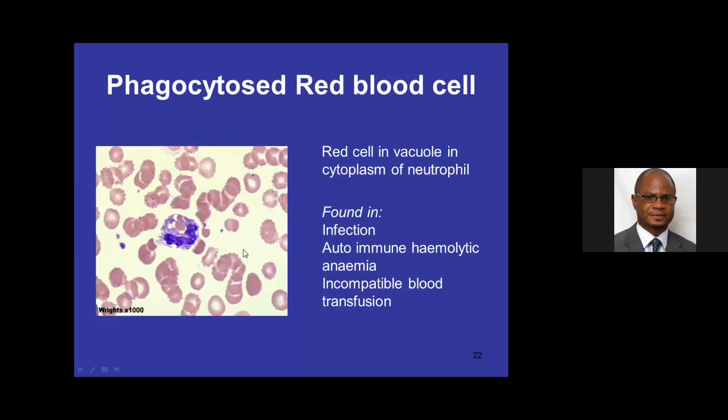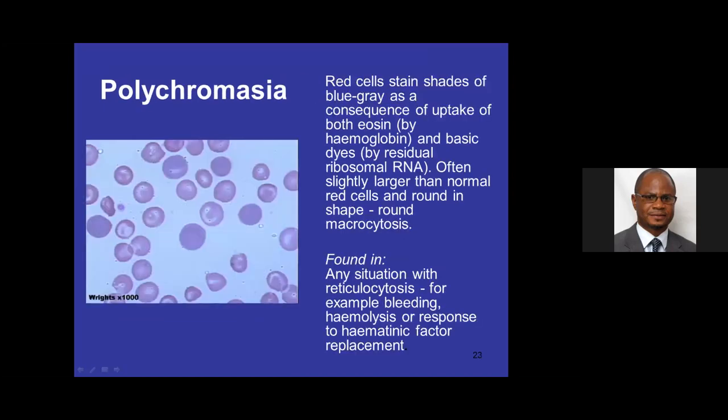During infection, the cells phagocytose the infectious agent, and they end up phagocytosing red cells as well. Also in autoimmune hemolytic anemia and incompatible blood transfusion. So when you're investigating a transfusion reaction, you can make a film and see if you will see phagocytosed red blood cells.